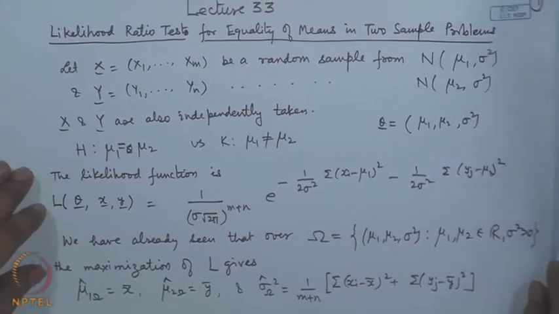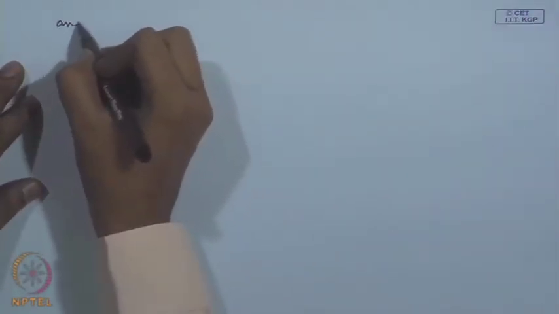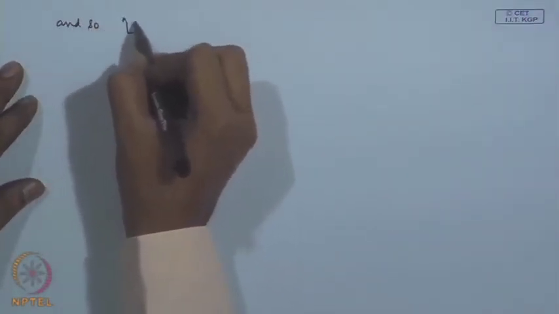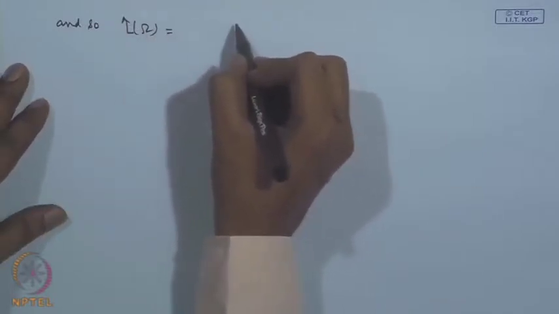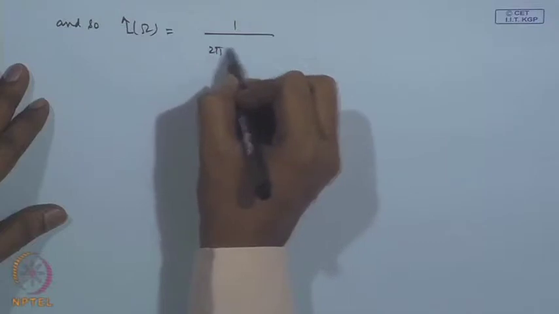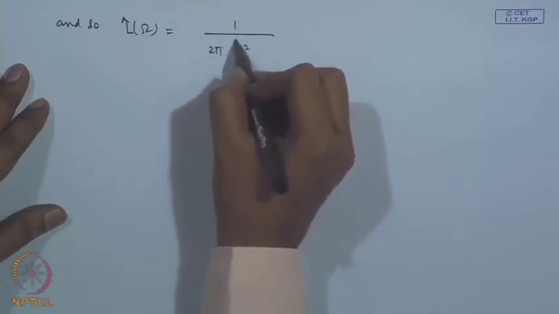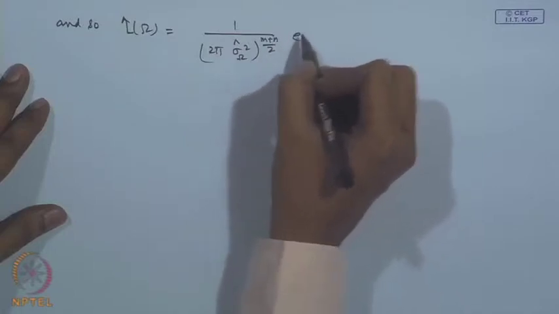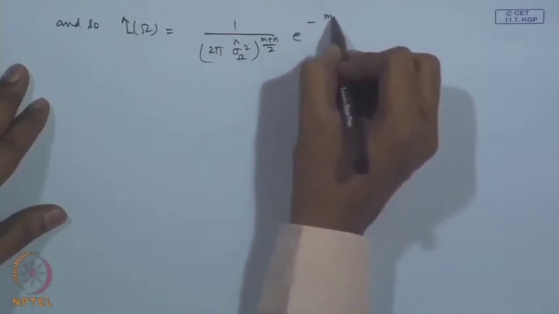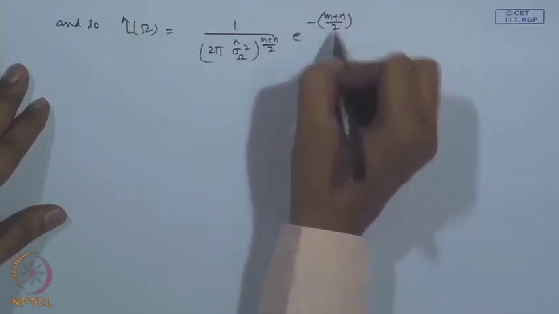So, if we use this, L hat omega turns out to be 1 by 2 pi sigma omega hat square to the power m plus n by 2, e to the power minus m plus n by 2.